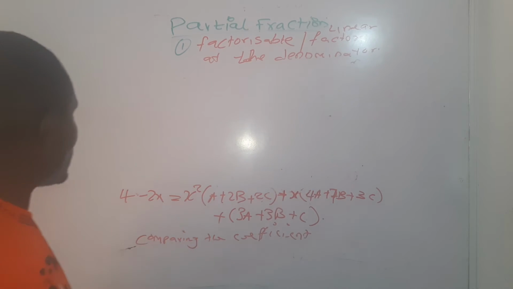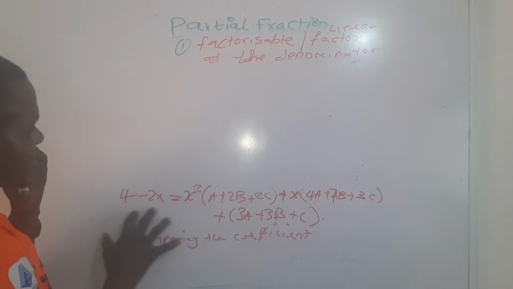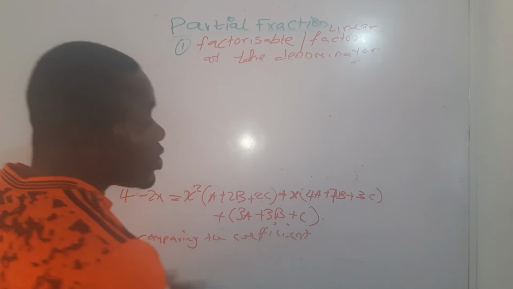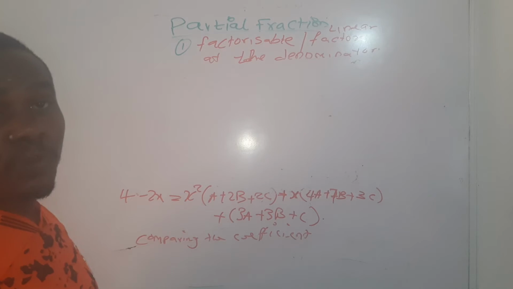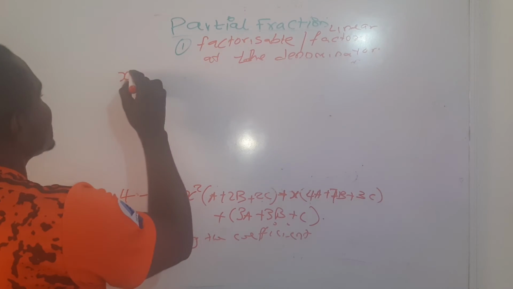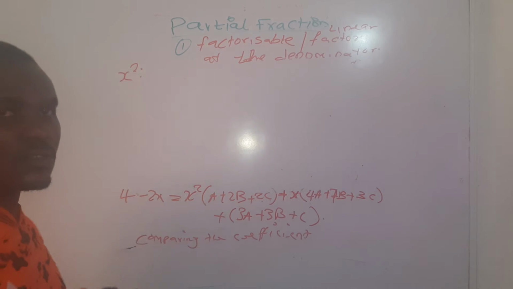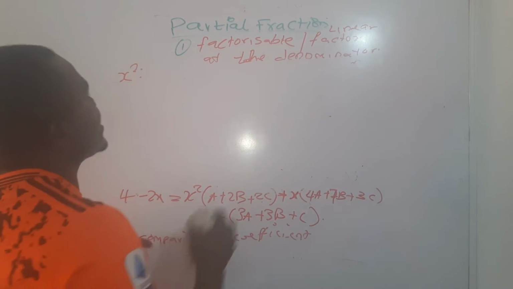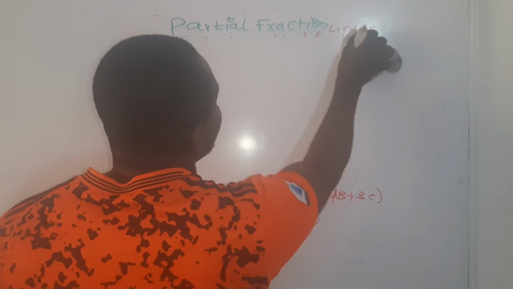Now the first coefficient, if you look at it here, the highest power of s you have in the whole equation is s raised to power 2. So let's first of all look at the coefficient of s squared on both the left and right hand side. Don't forget we're under factorizable.